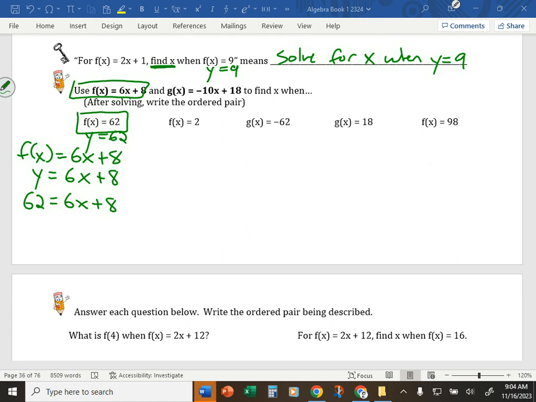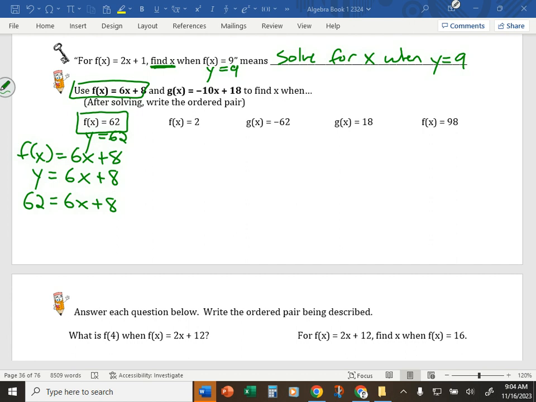So this time you're not replacing x with 62, because I want you to find x. You're replacing y with 62, because f of x is the fancy way to write y. Kind of the opposite of what we just did, right? It's opposite in the sense that in the top examples, I gave you x, you solve for y. Here, I'm giving you y to solve for x. Okay?